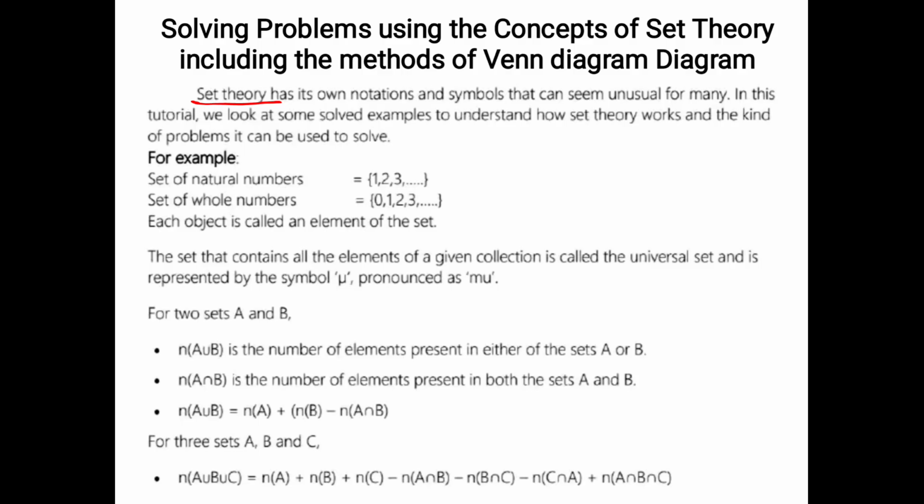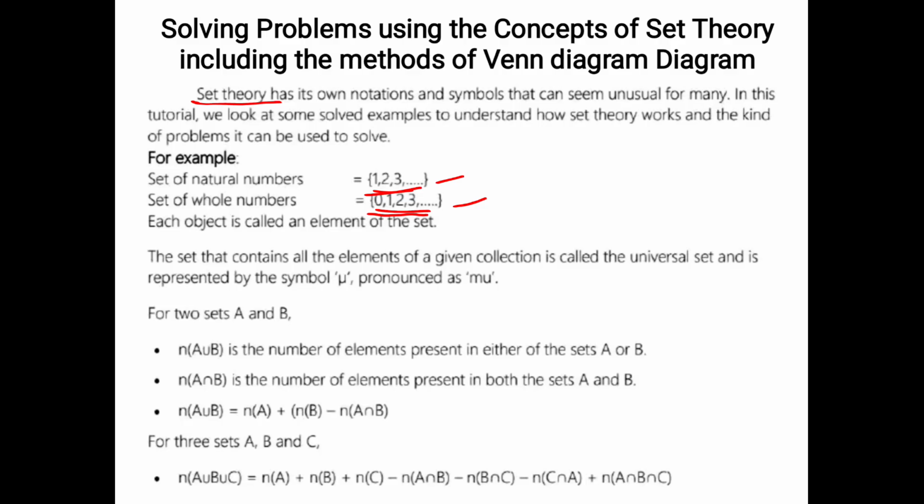In this tutorial, we'll look at some solved examples to understand how set theory works and the kind of problems it can be used to solve. For example, we have a set of natural numbers and then a set of whole numbers. Again, each object is called an element of the set. So, ini 1, 2, 3, 0, 1, 2, 3 element yan siya.